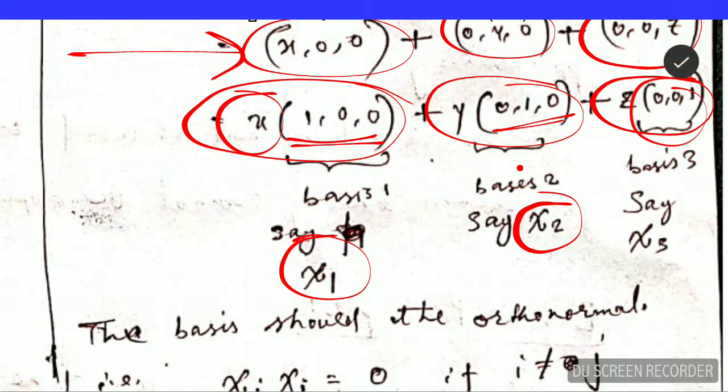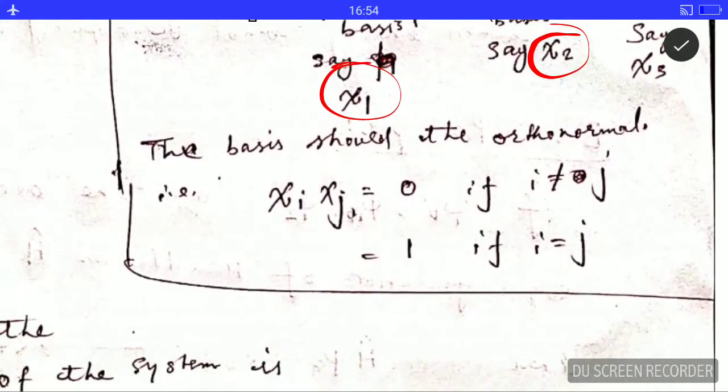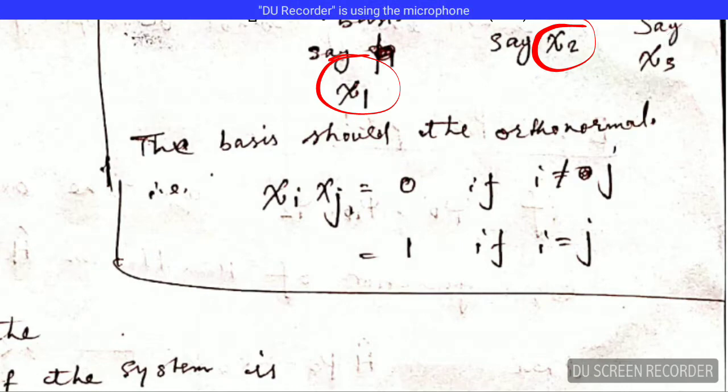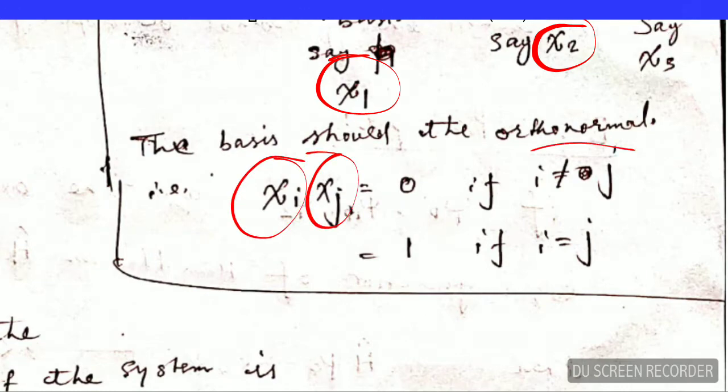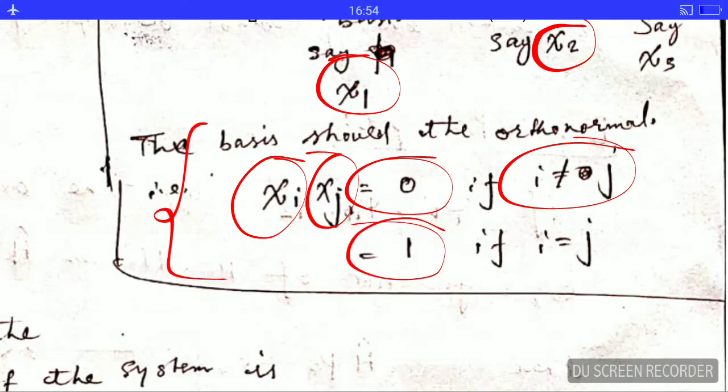So you have three bases. Now you can easily see that these bases are orthonormal. That means if you take unequal bases, that will definitely give you 0, and if the bases are equal, that will definitely give you 1. This is the property that you can see: if your bases are orthonormal, then you can express any vector in terms of your bases.